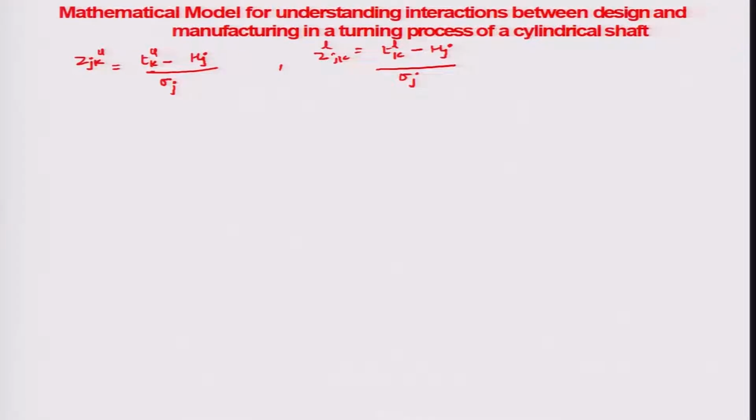So, having said that, we had already looked into the aspect that if these z values are plotted in this particular normal distribution, anything to the left or to the right of the z values is considered to be reject.